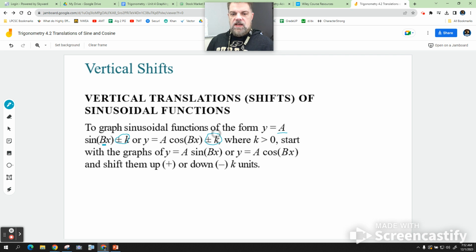and cosine. And so basically k, if k is greater than 0, which is positive, it shifts the graph up. If k is less than 0, which is negative, then it shifts the graph down.